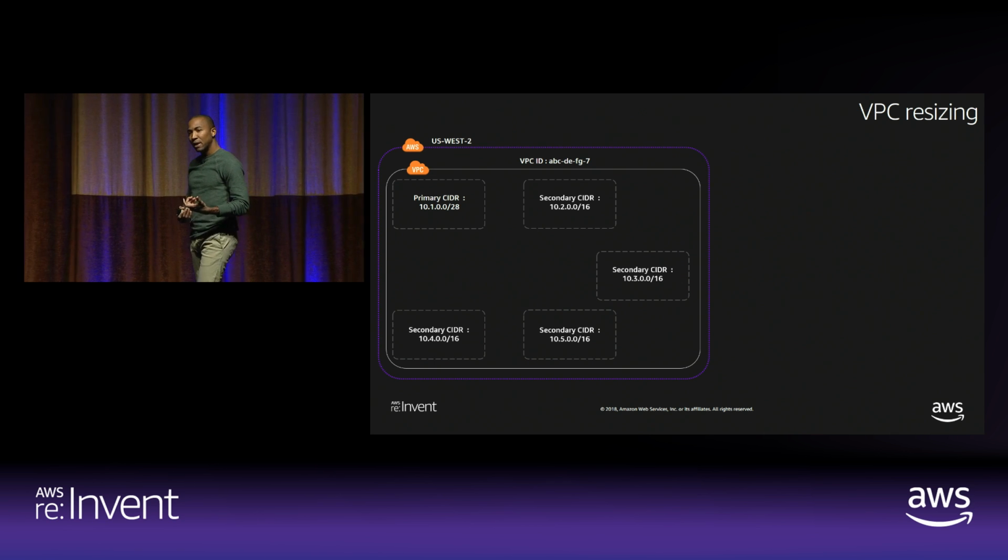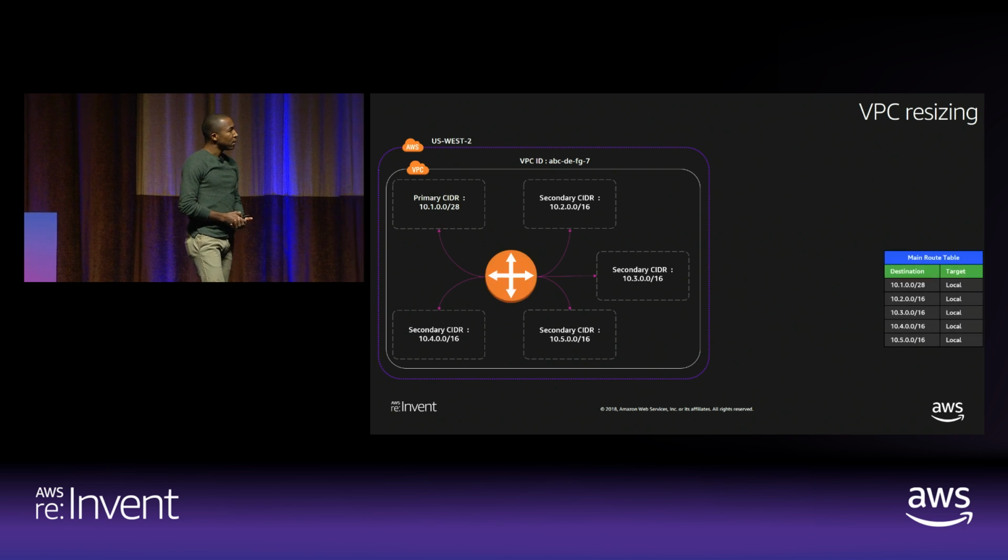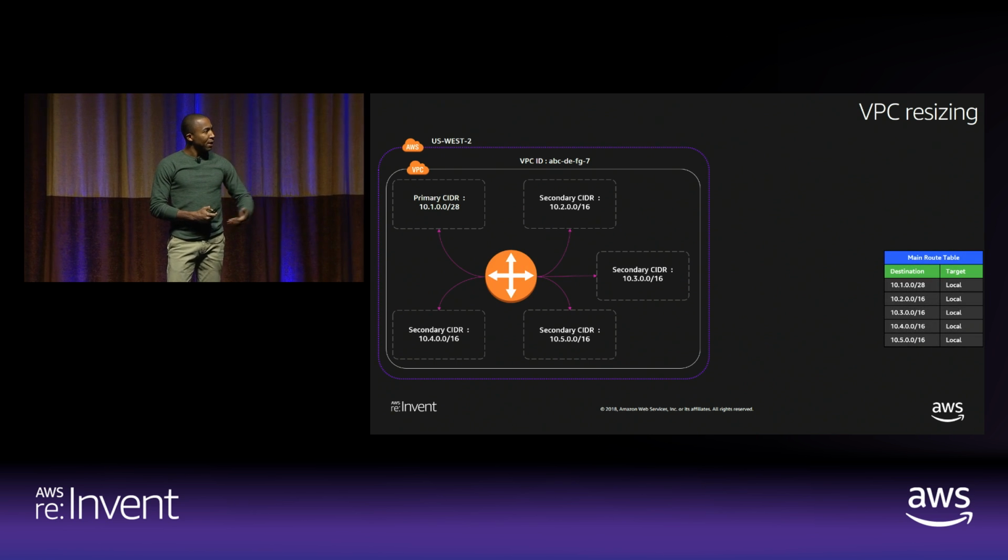Then we added local routes to each route table within your VPC so that your network becomes a massive, flat network. If you look at your route tables after associating additional CIDR blocks, this is what it looks like.